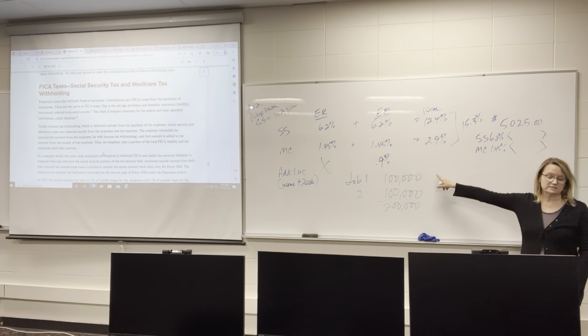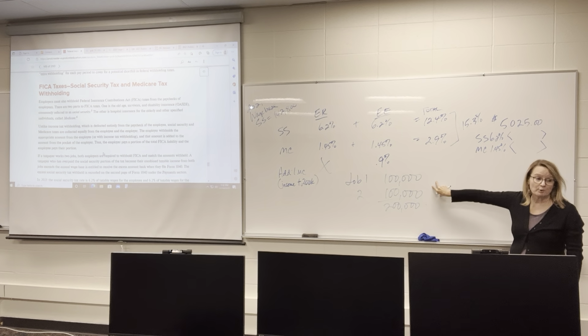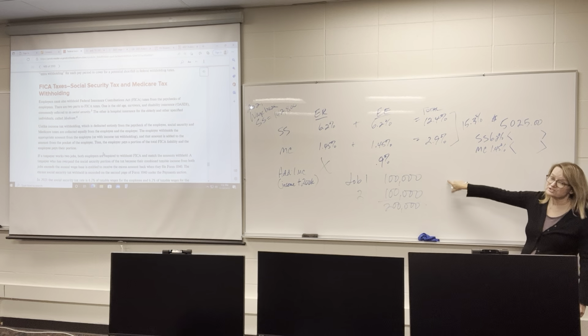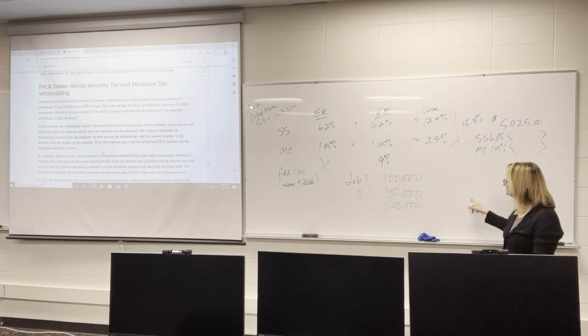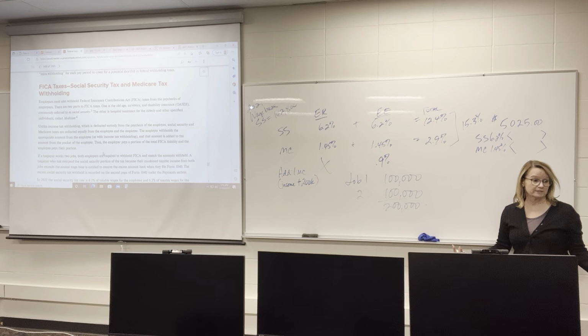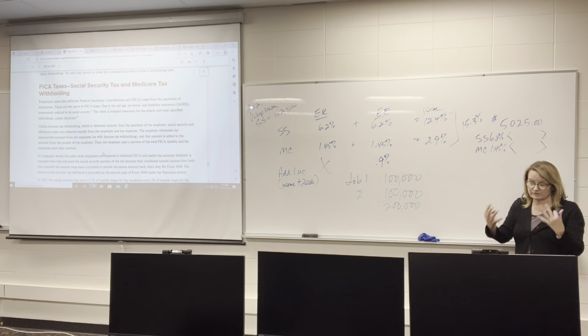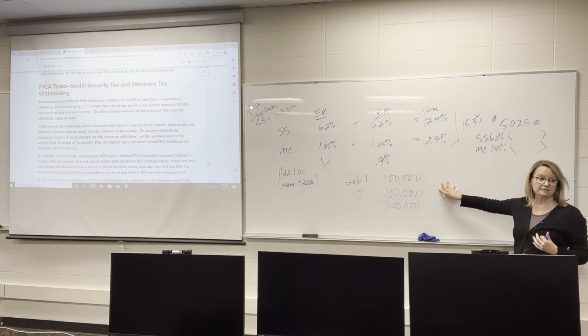Each employer, though, doesn't know how much in total they made. So the individual employer is going to withhold on the wages they pay until they get to 142.8, which means this employee will be over withheld for Social Security taxes. That gets entered on the tax return and is refunded if they don't have any additional liability, as though it was income taxes. So that's where it gets reconciled, on the tax return.